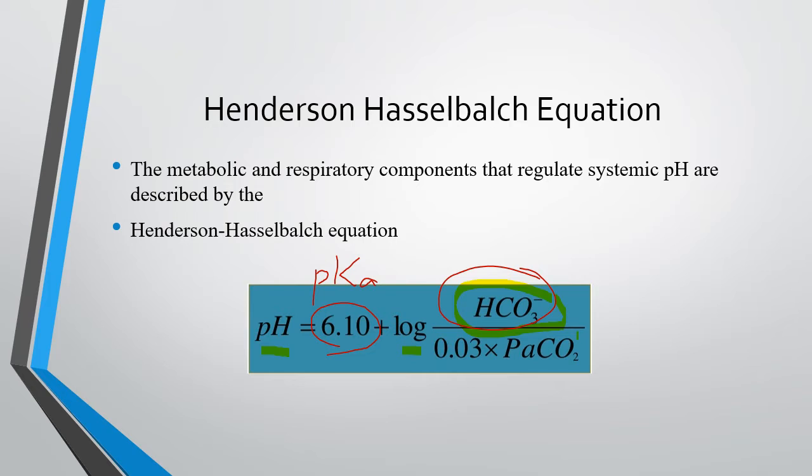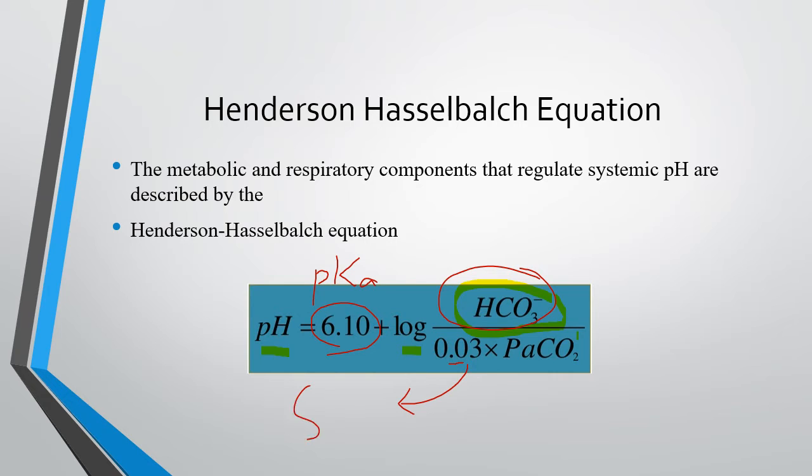But carbonic acid can also be expressed in a different way. It can be expressed as the solubility of carbon dioxide multiplied by the partial pressure of carbon dioxide in the arterial system. The solubility of carbon dioxide is 0.03 millimoles per liter per mmHg.